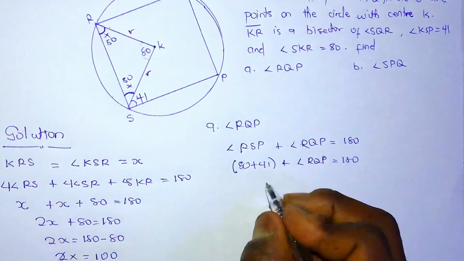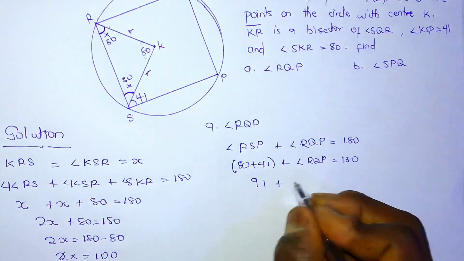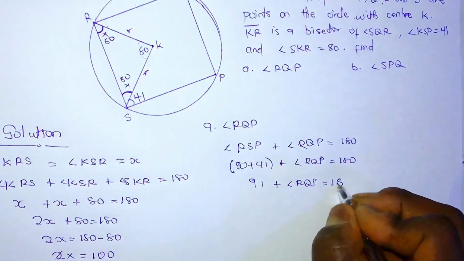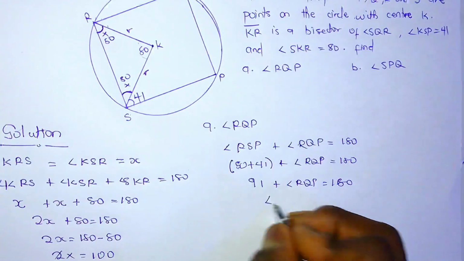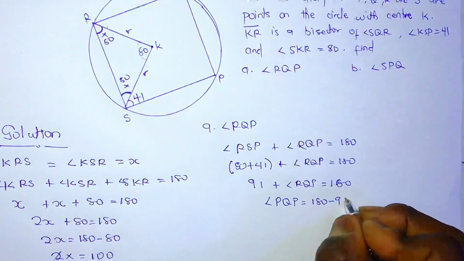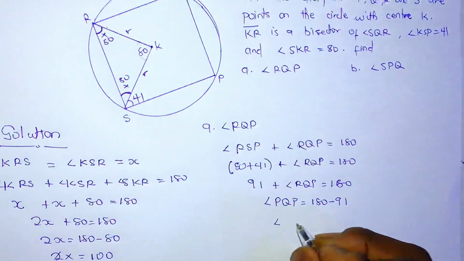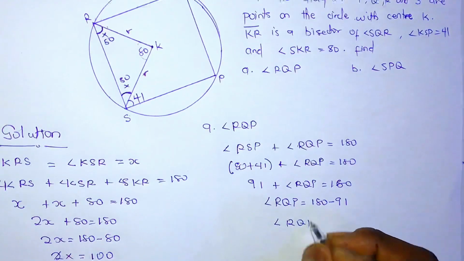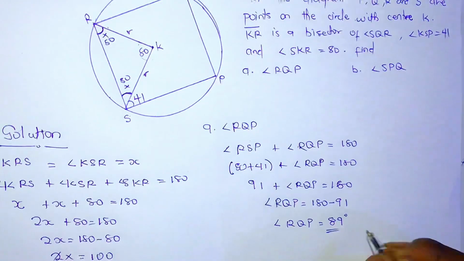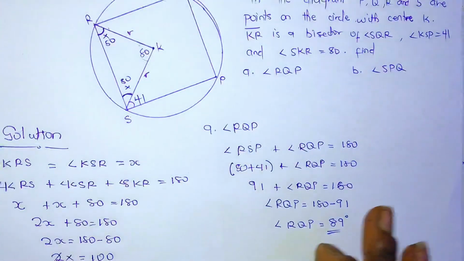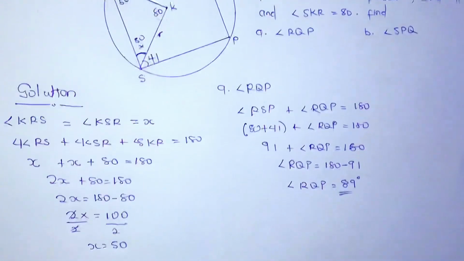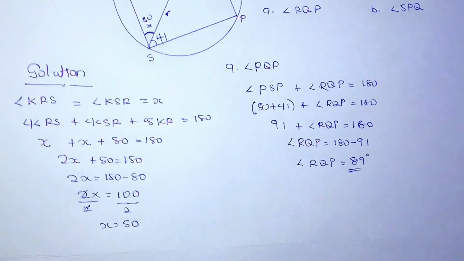Good. So this will be 91 plus angle RQP is equal to 180 degrees. RQP is equal to 180 minus 91, and our angle RQP is equal to 89 degrees. So this angle here is 89. So that's A. Now let's move on to find B.